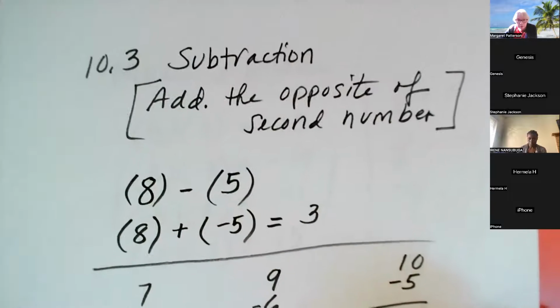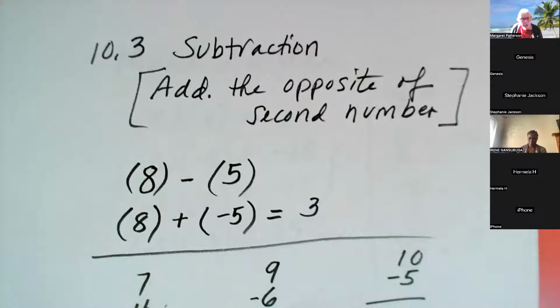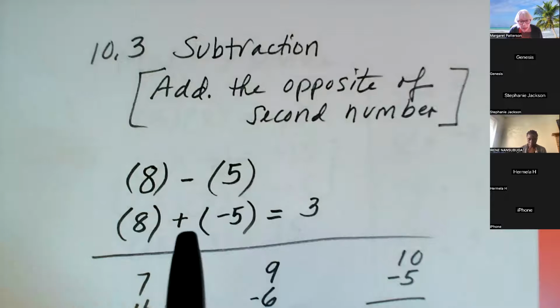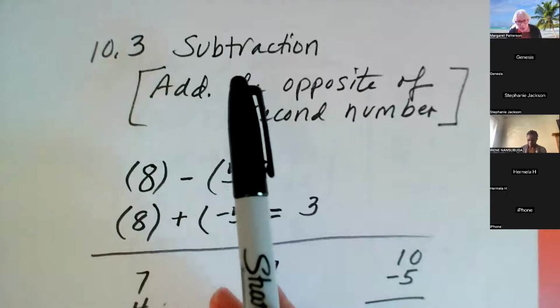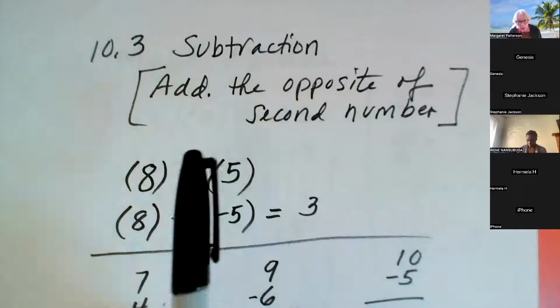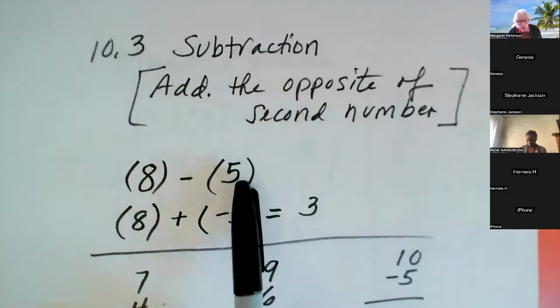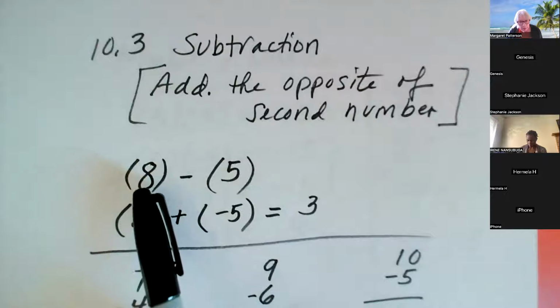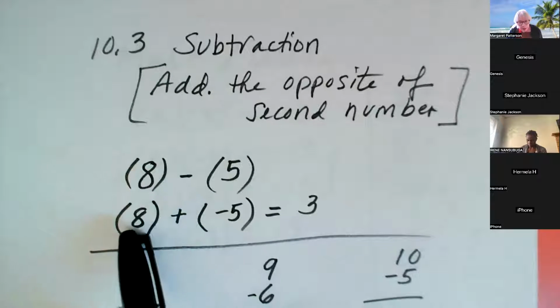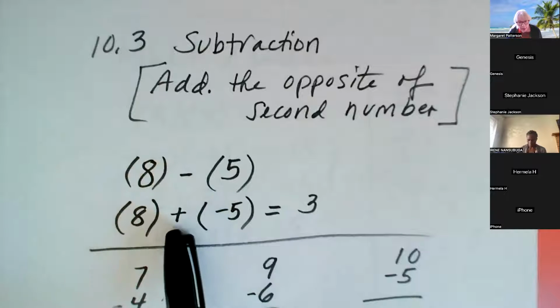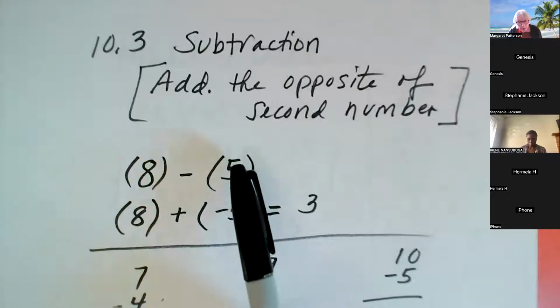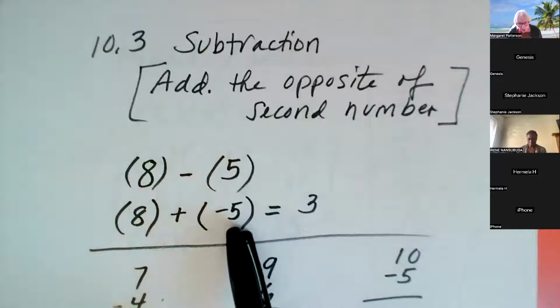So what's different about subtraction is we're doing everything that's opposite of addition. And so one rule that will work is to add the opposite of the second number. So for instance, with this little problem, which you can already tell what it's going to be, you copy the first number, you change the subtract sign to add, and the second number goes to its opposite.